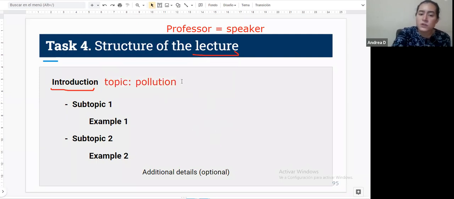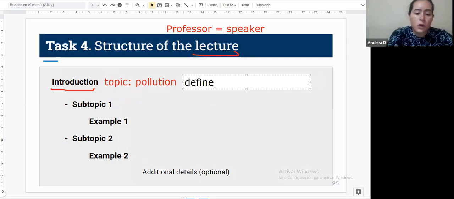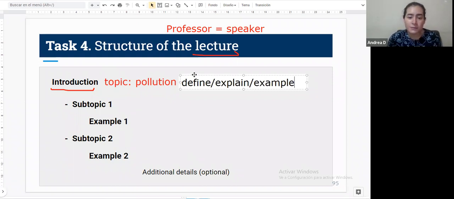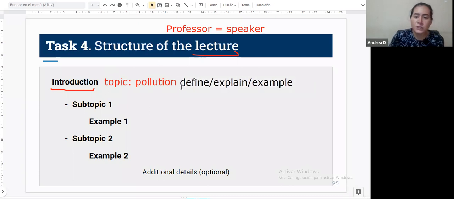So maybe the professor is gonna define pollution or explain pollution, or sometimes give an example, or a historical note, explain a little bit of the history of the word. I don't know, but maybe you have some content there. Maybe a definition, an explanation, an example of the topic. Could happen.